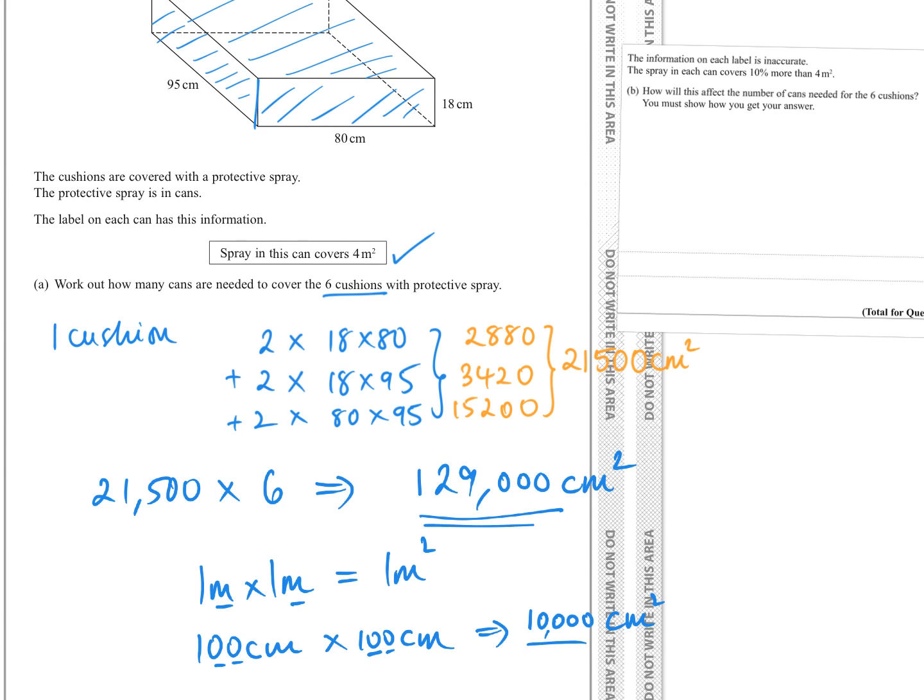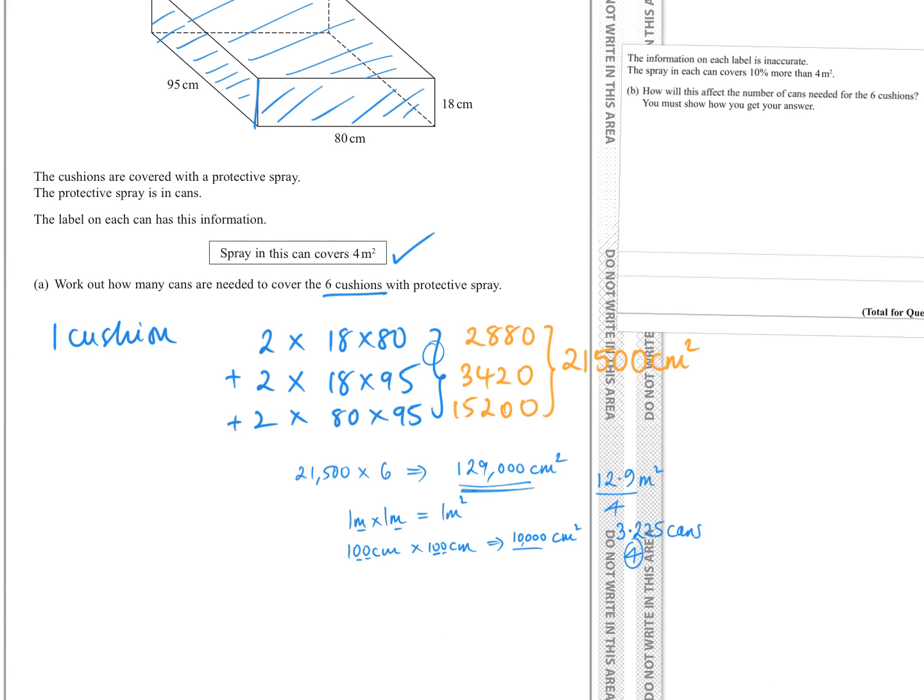So I've got to divide this number by 10,000 basically, and that will convert to metre squares, and that gives me 12.9 metre squares. I then would have to divide that by 4, because that's what each can would cover, and that gives me 3.225 cans, so I'd have to buy 4. Right, so let's have a look at the next part.